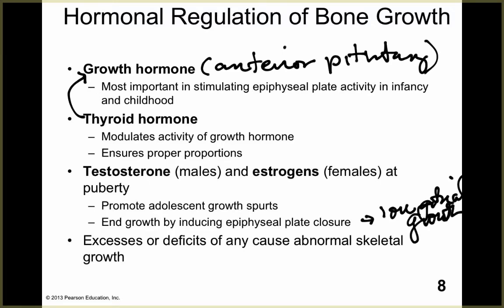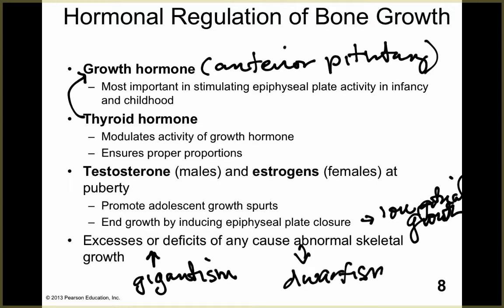And the excess or deficits of any of these can cause abnormal skeleton growth. Increased growth hormone can cause giantism, and decreasing it can cause dwarfism. Basically, how your hormones are regulated in your body is controlled by genes.